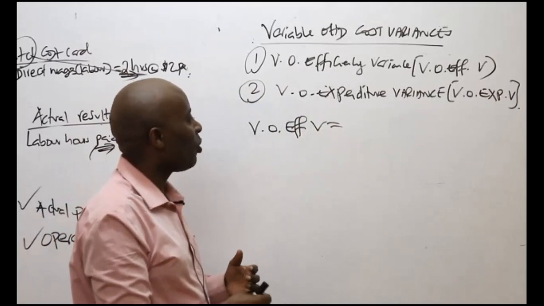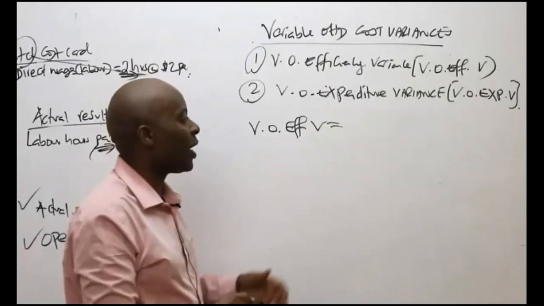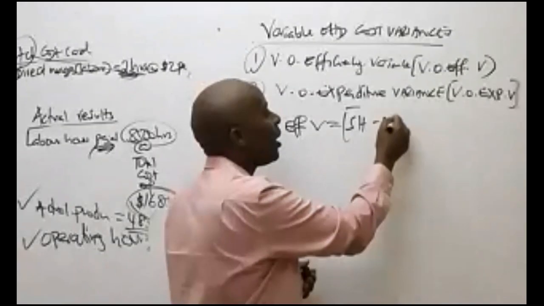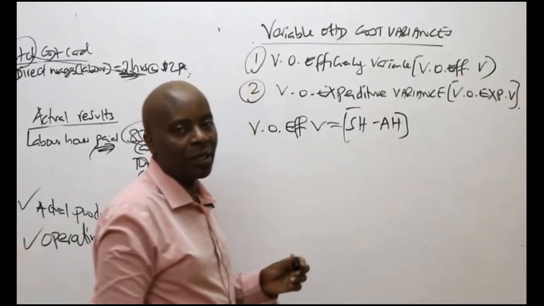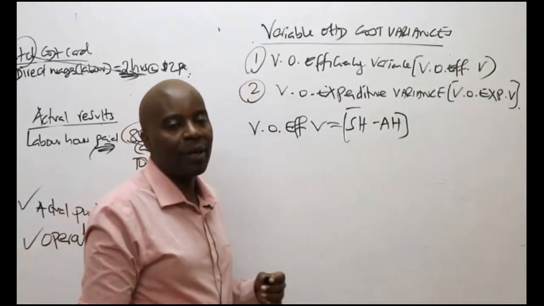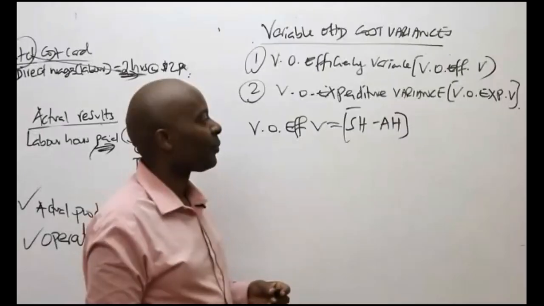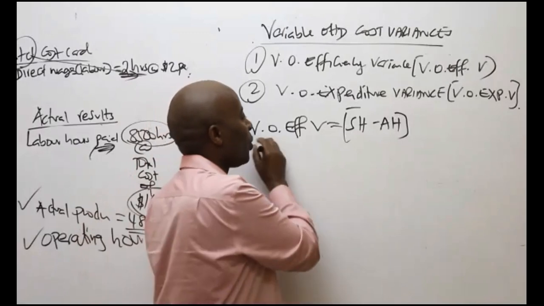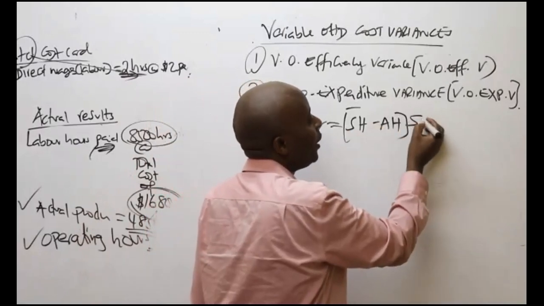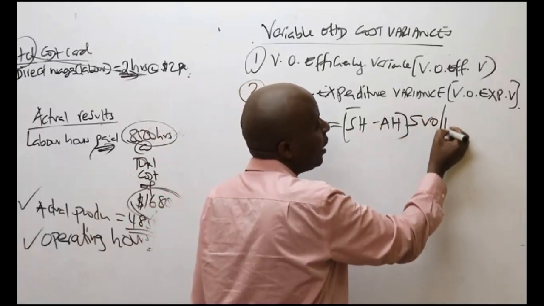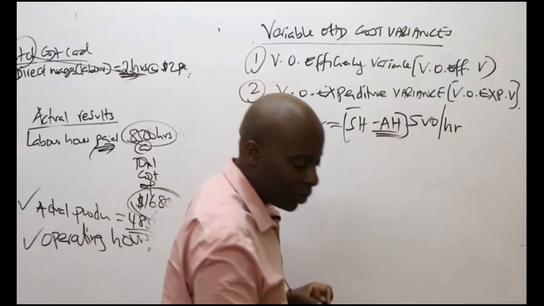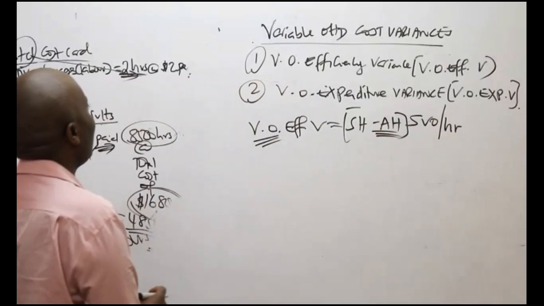So long as it's an efficiency variance, in brackets we have the standard hours minus the actual hours. And then outside here, because it's a variable overhead, we'll have the standard variable overhead per hour, because these are hours.